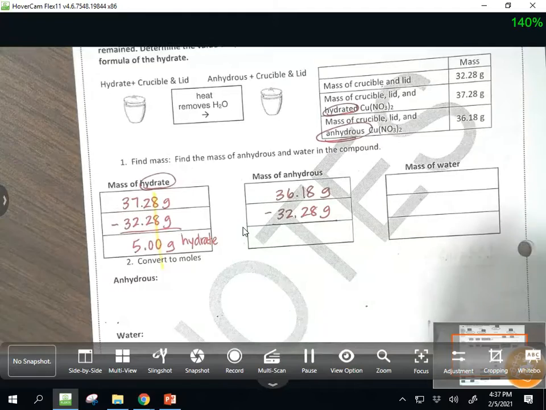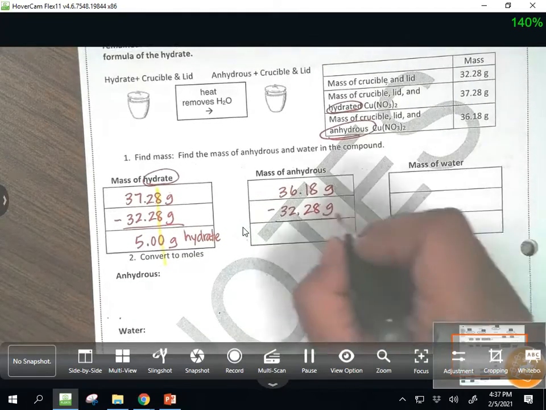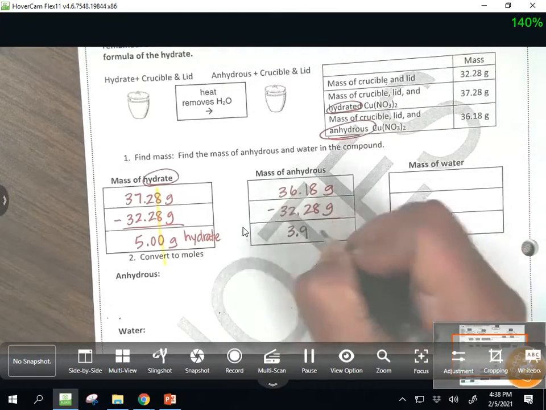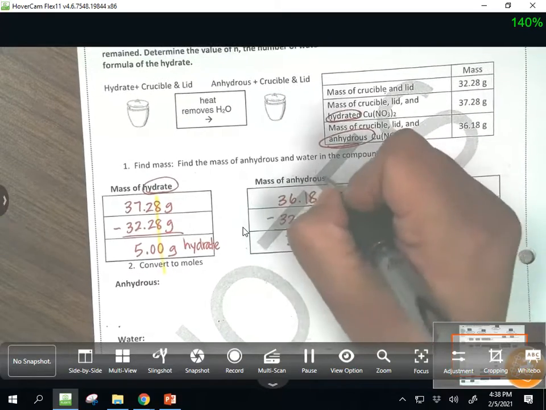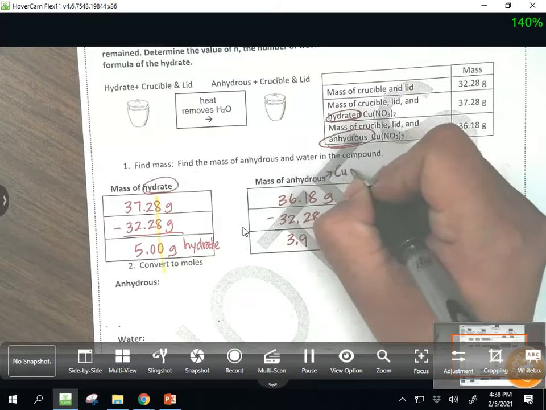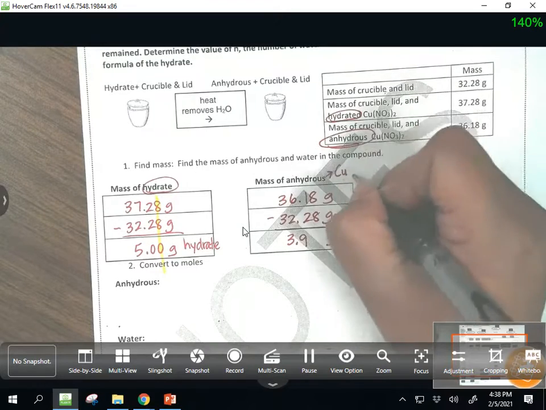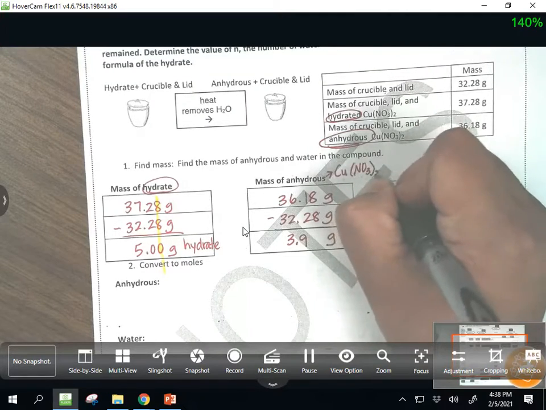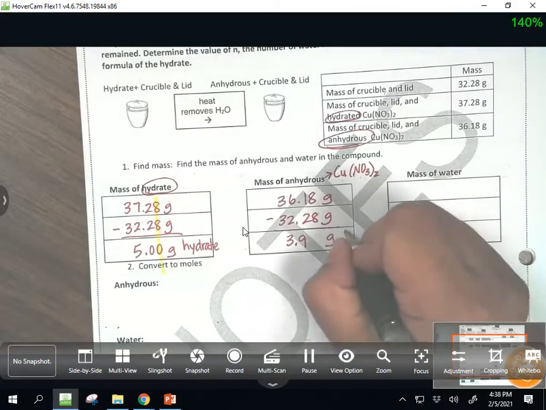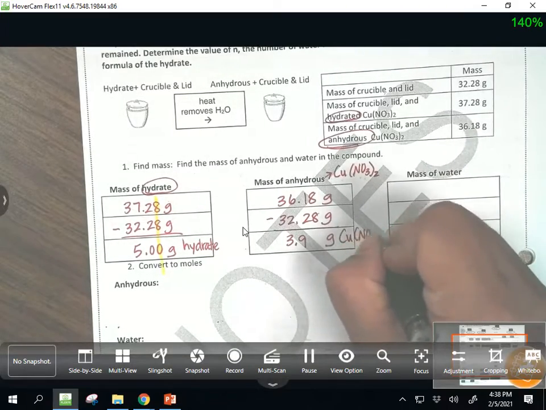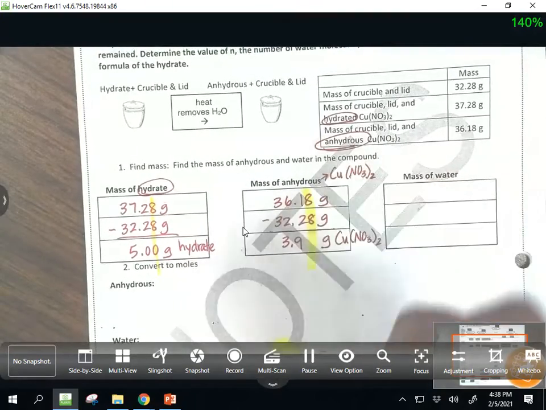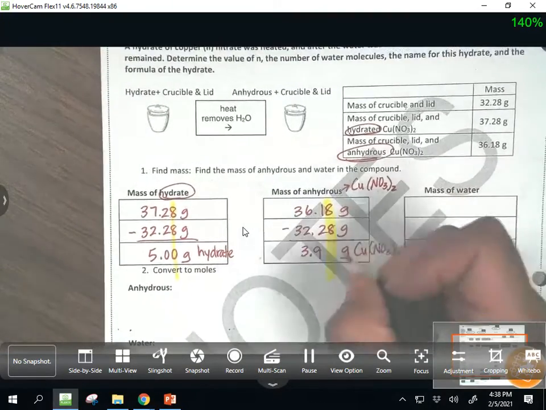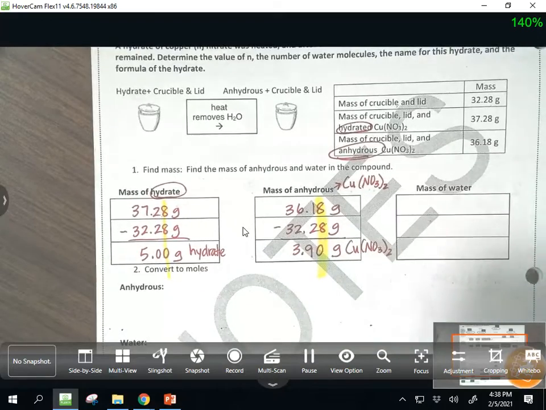When I subtract those in my calculator, I get 3.9 grams. And this is of the anhydrous. What's the anhydrous? It's just the formula unit, so it's Cu(NO3)2. I'm going to label that. But remember, I'm smarter than my calculator, and I have to have 2 decimal places because that's my leftmost uncertainty.